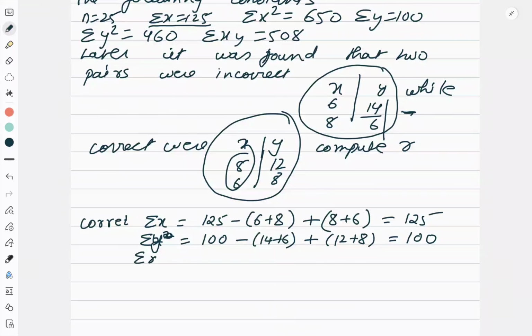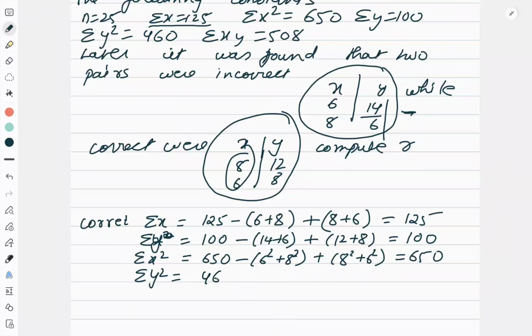Now come to summation x square. This will be 650 minus 6 square plus 8 square, plus 8 square plus 6 square. So the correct value I am adding and the wrong value I am subtracting. Right? Summation y square is equal to 460 minus 14 square plus 6 square, plus 12 square plus 8 square. So this is equal to 436.